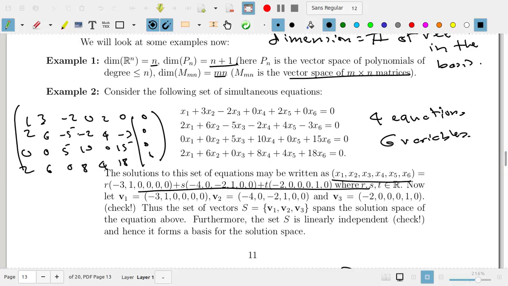We found a basis for the solution space with 3 elements. So that was a null space of the 4x6 coefficient matrix.